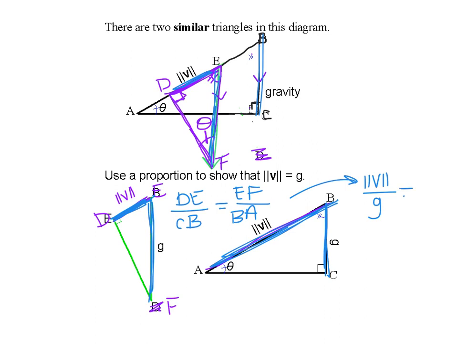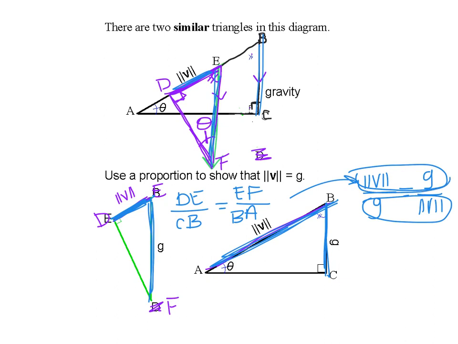And then we're going to say that EF is G, and then BA is the magnitude of V. So as you can see how this is set up, corresponding parts are going to have to be equal to each other in order for this to work.